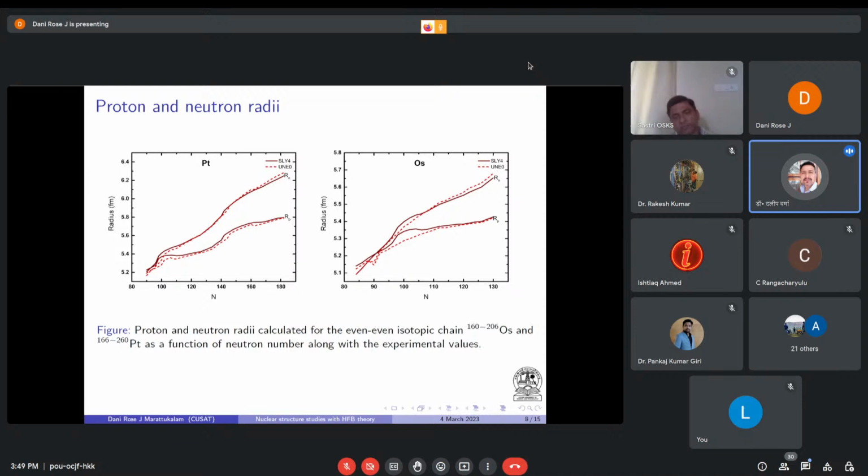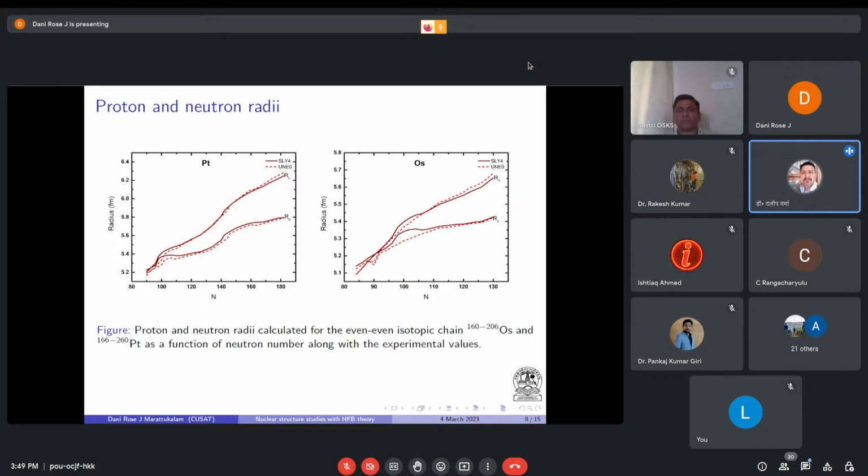And these proton and neutron radii are changing with neutron number. What does it mean? How can the radius of a proton or neutron be something like 5.2 fermi or go up to 6.3 or 6.4 fermi? I think there is something wrong in this.